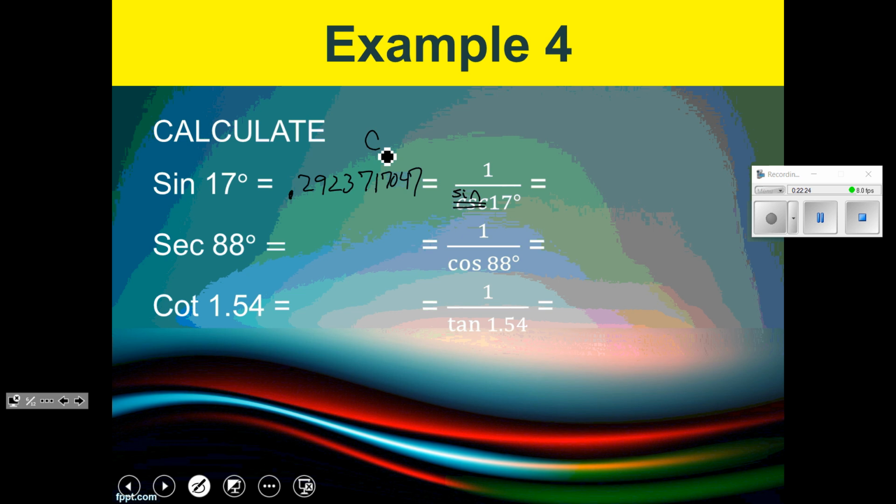If I wanted to know the cosecant of 17 degrees, these aren't going to be equal, so don't draw the equal sign here. I don't like how this slide's laid out. If I want to know the cosecant, you can't put cosecant in the calculator. Do you see a button that says cosecant? You've got to change cosecant to sine, right? So what do we know cosecant is?